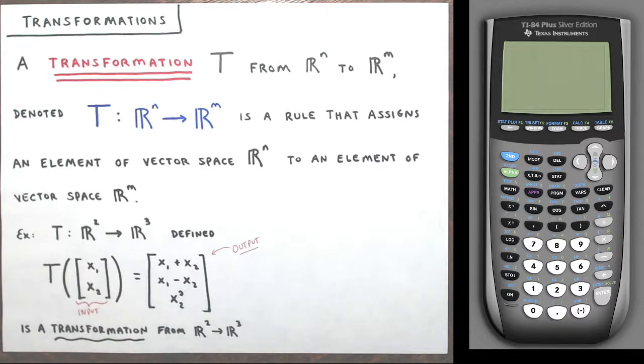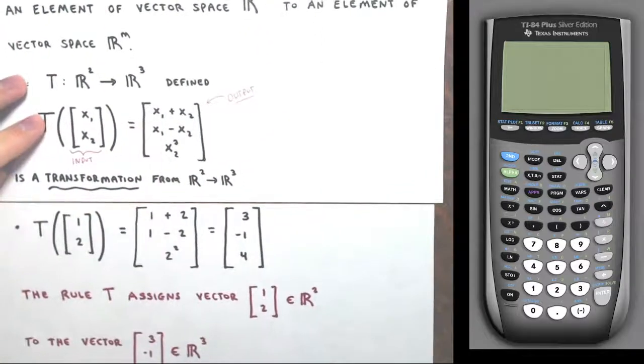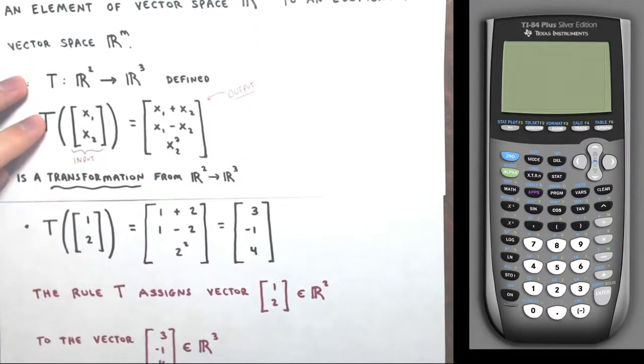And looking further at this, we can talk about how this assigns a vector from R2 to a vector from R3. Let's look at one example of that I've written here. Again, this is just one example of an assignment.